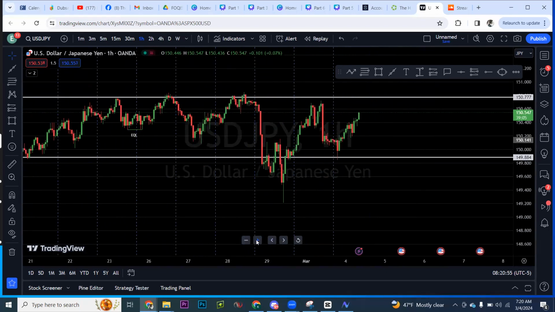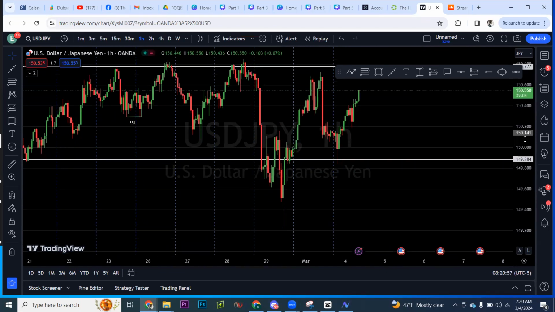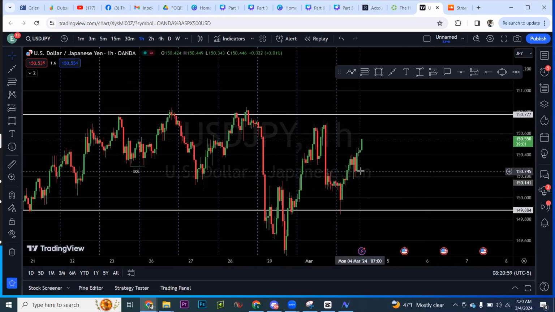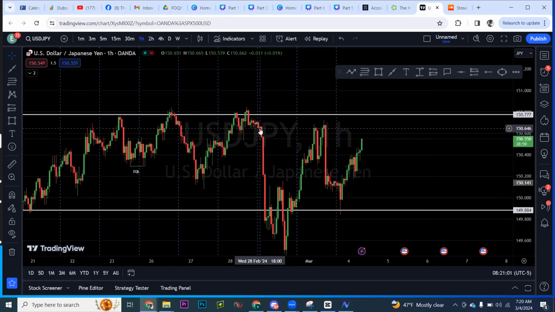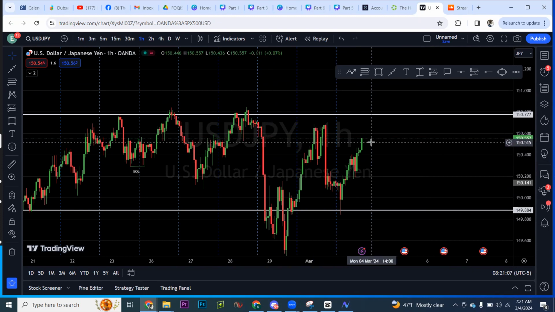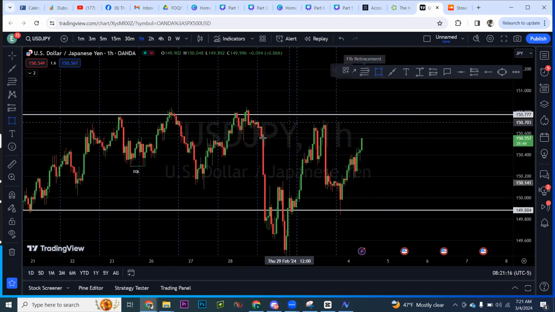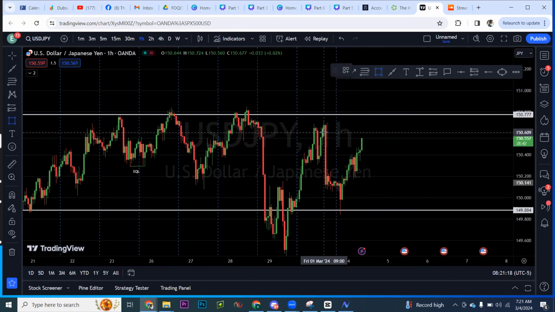So let's mark everything that we see just like we know how. This area here, imbalance. Price is inside of the imbalance right now. If price continues to pull up and break above, well, it did already right here.